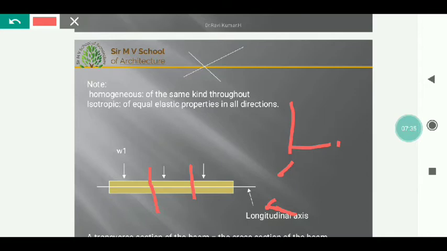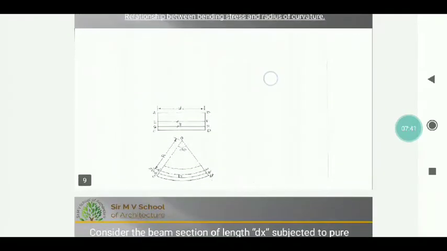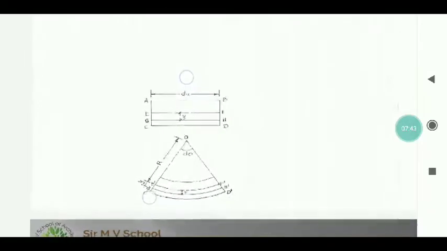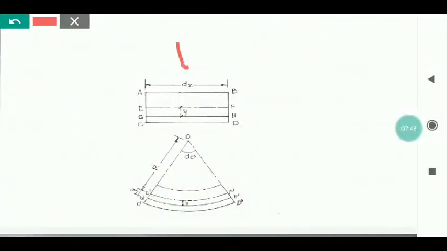Hence, when this small elemental area is considered, I'll take the next slide where I have taken an elemental area dx of that part of a beam.